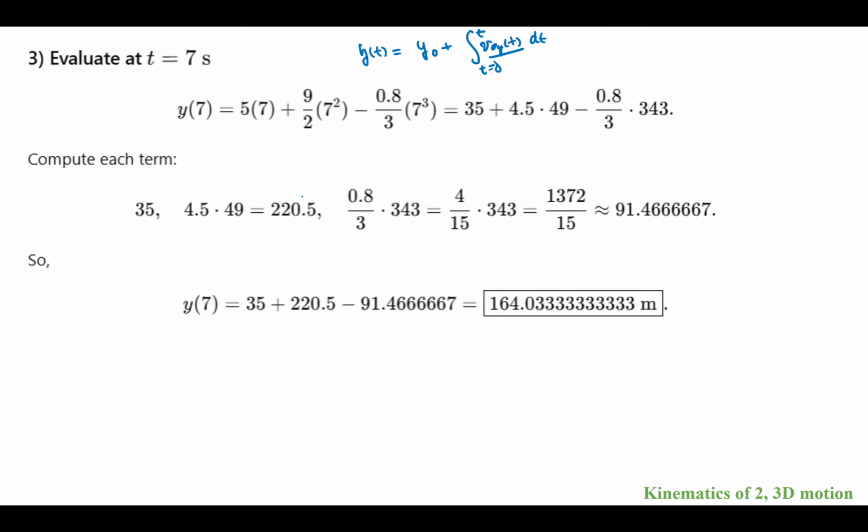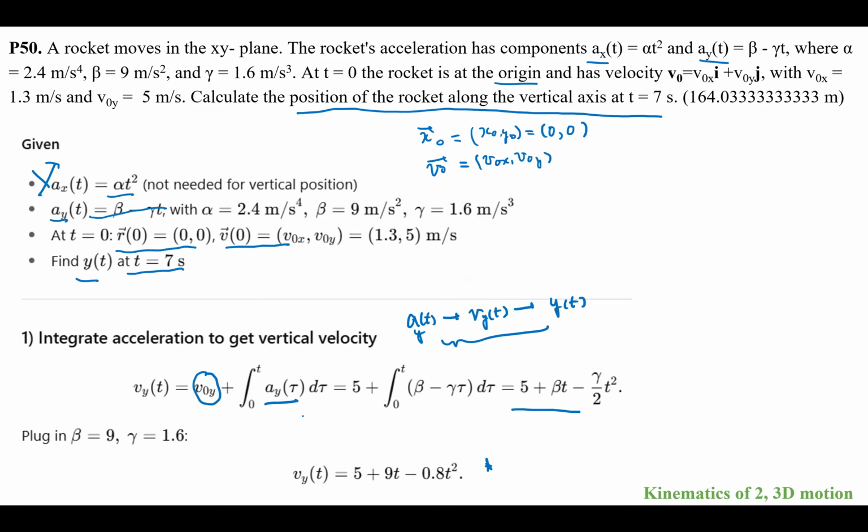So vy is given by the previous case here. And then if you just integrate, then you have a 5t, t squared minus, okay, so that's the thing, t equal to 0 to t.